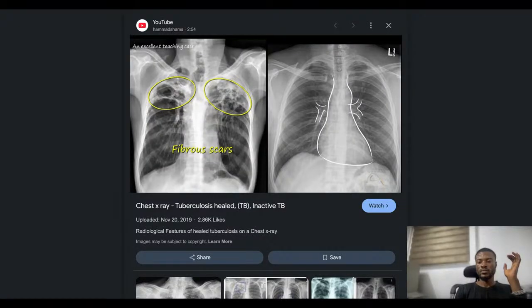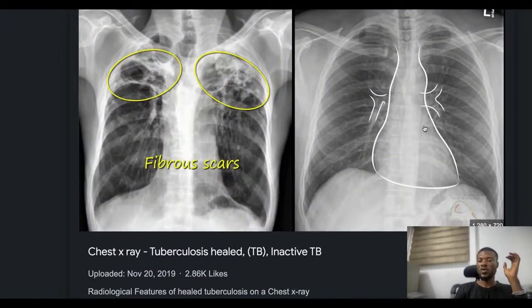Can you see my screen? This is the normal chest X-ray. Beautiful. The person has a nice chest. Then compare it to the tuberculosis chest X-ray.